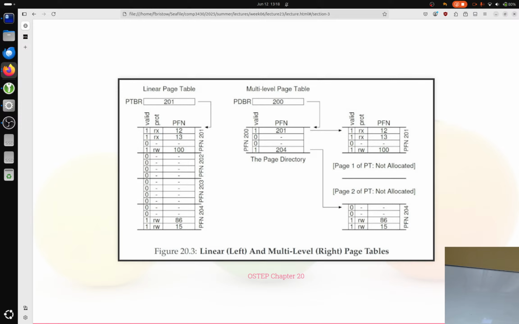I'm going to partition this. And instead of having direct pointers between the pages and the page frames, I'm going to have a pointer that points at a page that's full of page table entries. But I'm only going to allocate the page of page table entries if the page itself is allocated by the process.